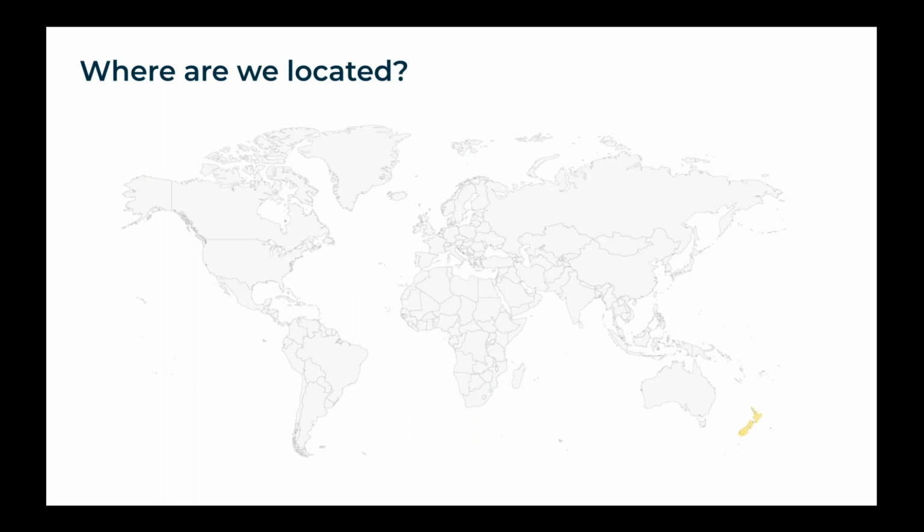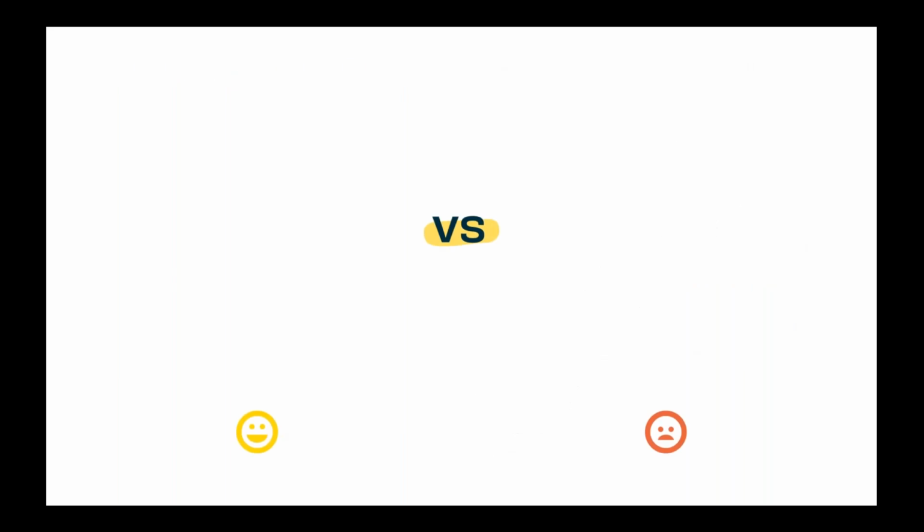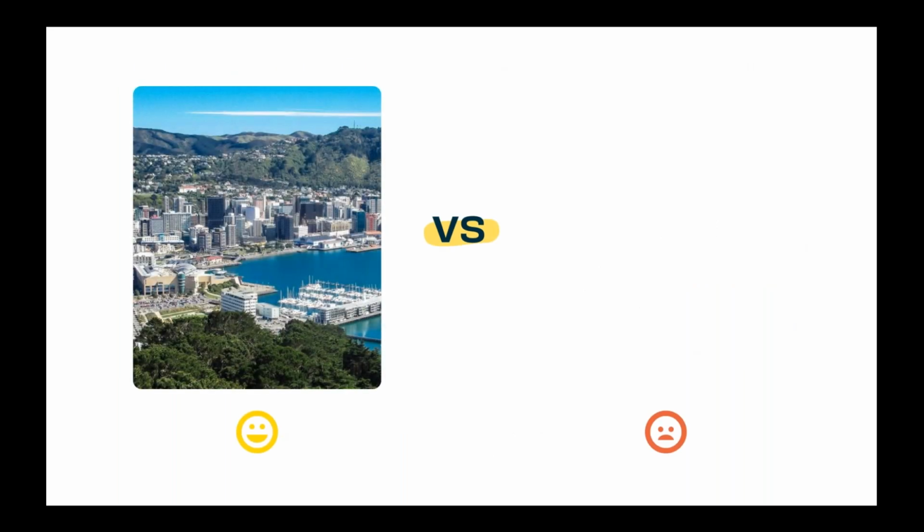Now, we're located in New Zealand. I was quite excited to find a world map that has us on it. Sometimes we're missed off as a country entirely, but we do exist, I promise. And if you don't know too much about New Zealand, we're located in Wellington. Wellington is the capital city of my country, and it's also my home city, where I'm from. I'm super proud of my city. I absolutely love it.